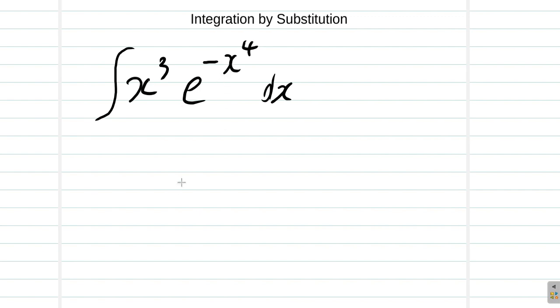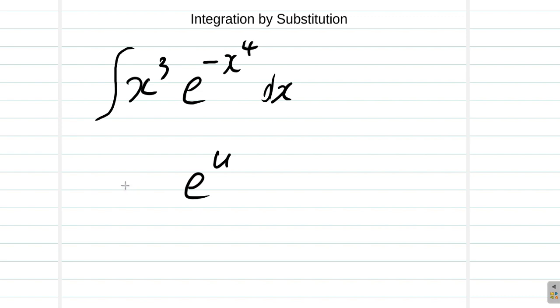If you have e to the something, let's say e to the u, what multiplies e to the u? Well, if you find the derivative of x to the 4, you get 4x cubed.